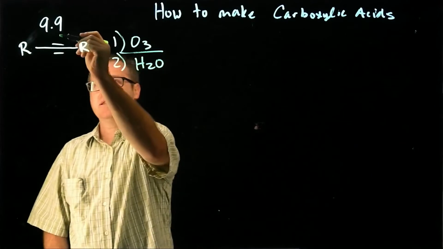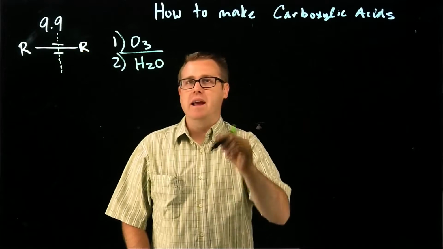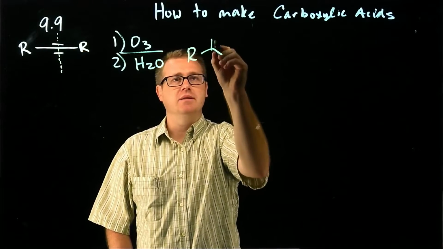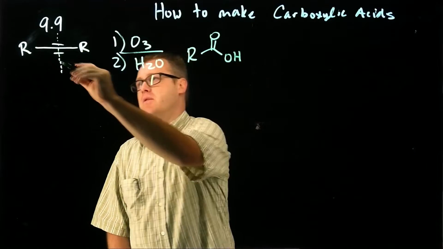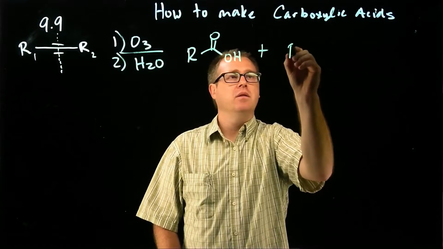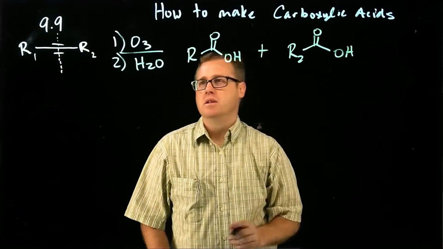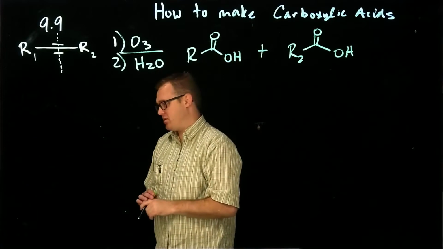You're going to split this bond right here, and you're going to get 2 carboxylic acids. So if we go R1 and R2, we can look at it that way. Remember that from chapter 9?